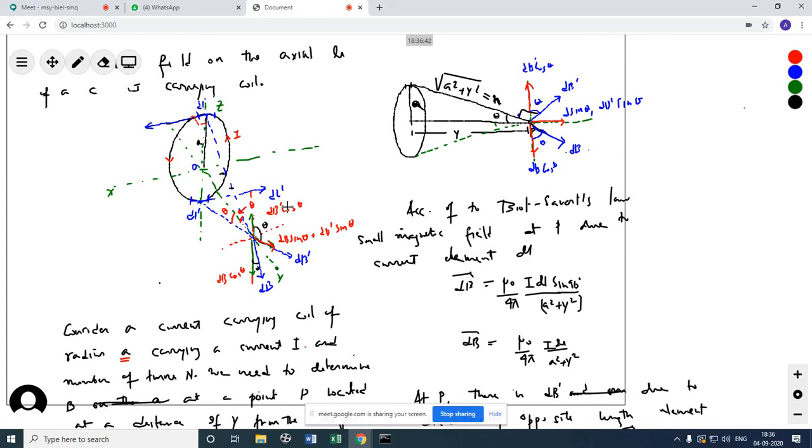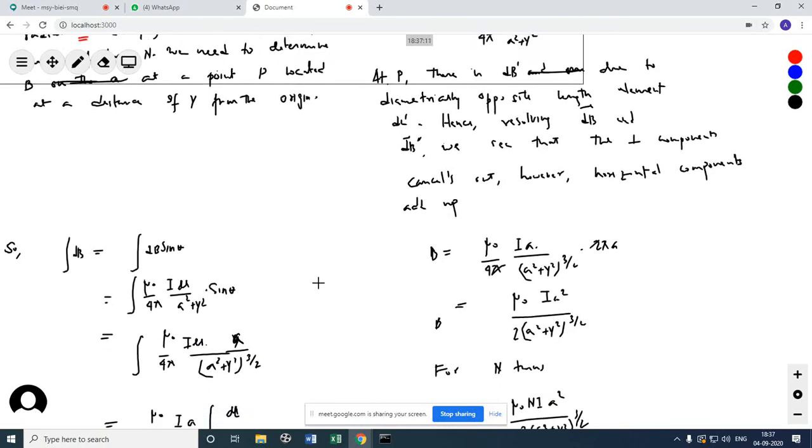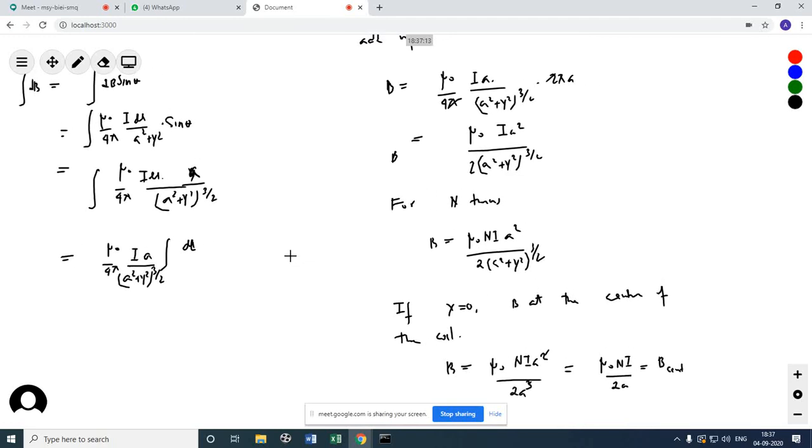For n turns, B will be equal to mu naught n I a square by 2 times a square plus y square to the power 3 by 2. Now how right are we? If y equals 0, that means at the center of the coil, it becomes what?